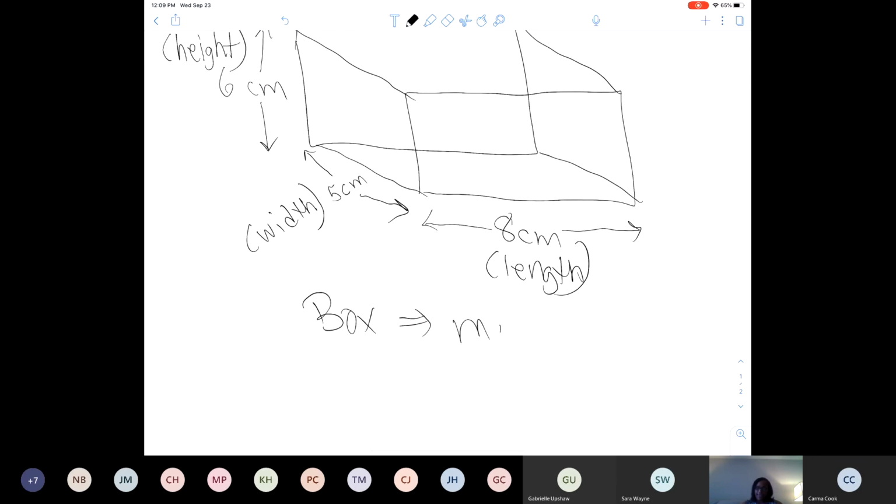My box has a mass of 50 grams. What is the density of the box?